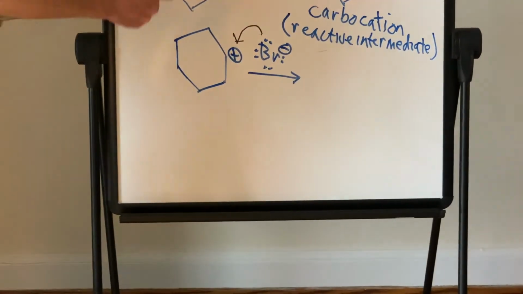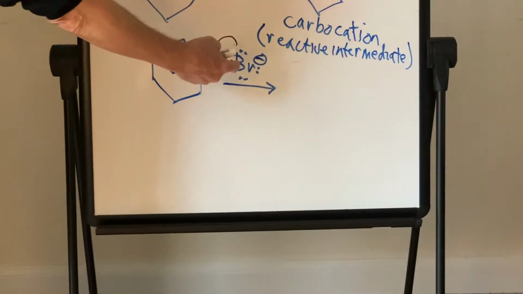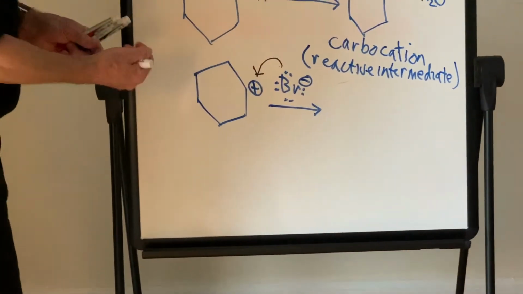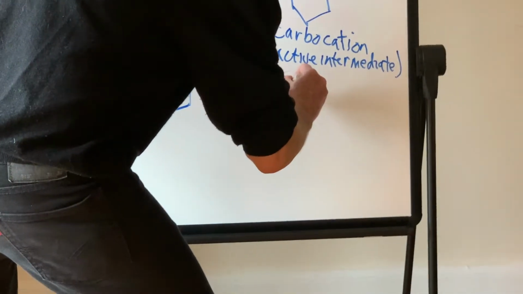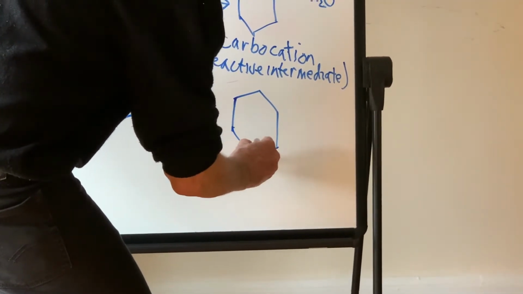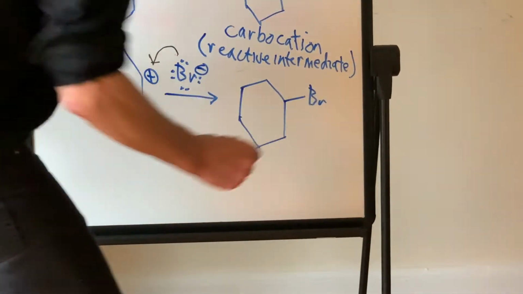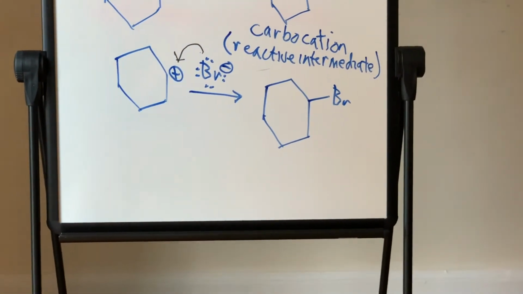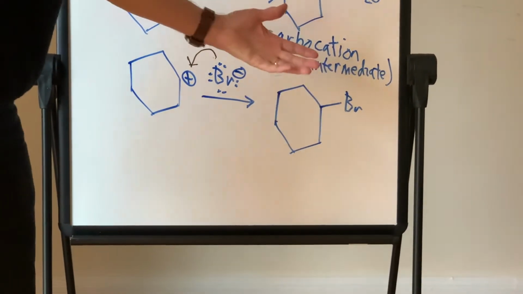And again, using the curved arrow notation, the bromide would attack that carbon and share its pair of electrons. So in the result here, the entirety of the reaction is shown as a bond between a carbon and a bromine.